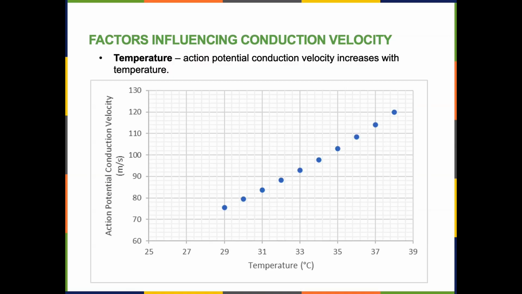Temperature also influences the rate of action potential conduction. We can see here that an increase in temperature between 29 and 38 degrees Celsius leads to a proportional increase in action potential conduction velocity. And this is because increasing temperature increases the kinetic energy of molecules, and the current, the flow of the action potential, results from the movement of sodium ions.